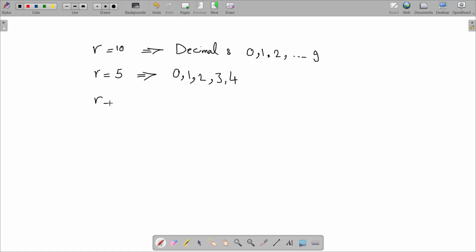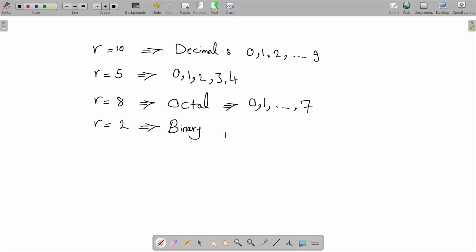If R is equal to 8, which is called the octal system, we need 0, 1, up to 7. And if R is equal to 2, we call this the binary system, and we need just 0 and 1.